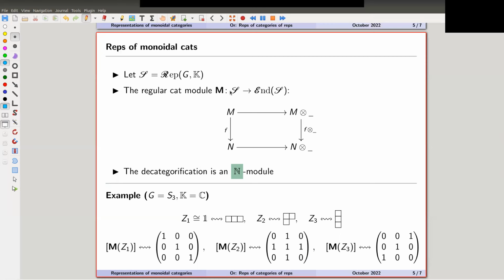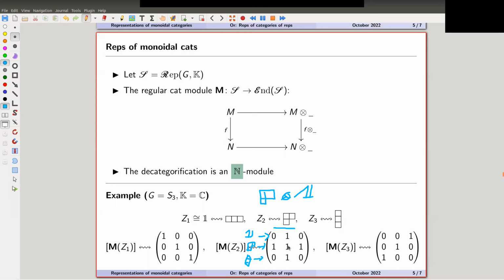And if you look, for example, at what happens in the Grothendieck ring, in this example of S3 again, the standard representation, the two-dimensional one, and you look at the tensor product, this just says that standard tensor trivial is standard, so you just write it in the matrix. So here's the trivial representation, here's the standard one, and here's the sign representation. Standard tensor trivial is standard, so I write a one here.